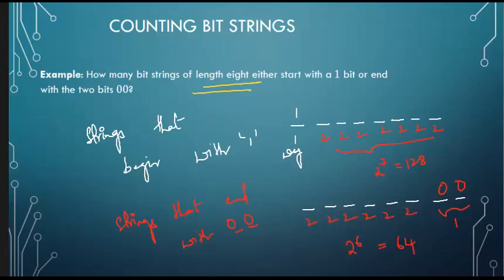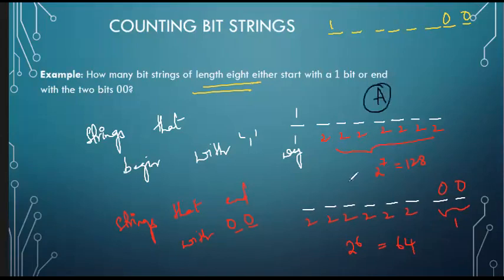Now in both these cases, you are also including the cases where the string starts with 1 and ends with 2 zeros. That is, you are considering the common cases in both of them.